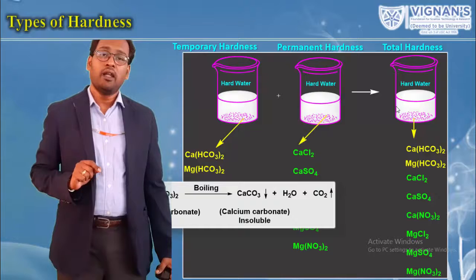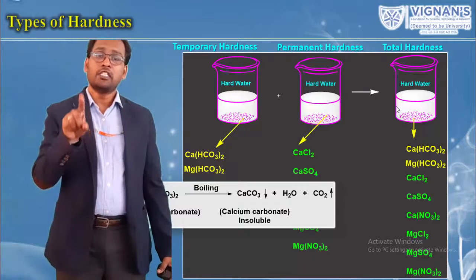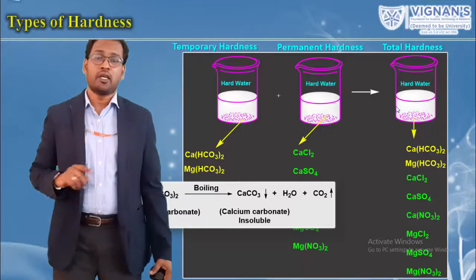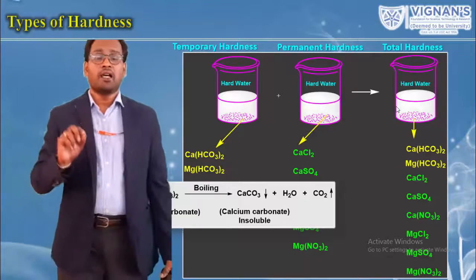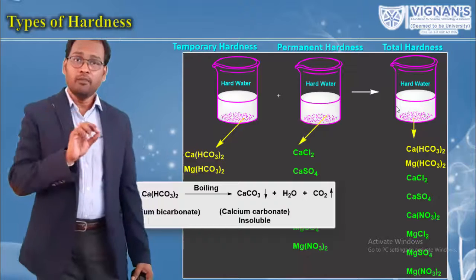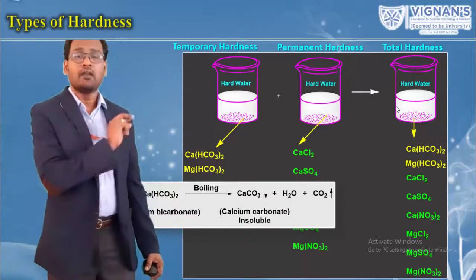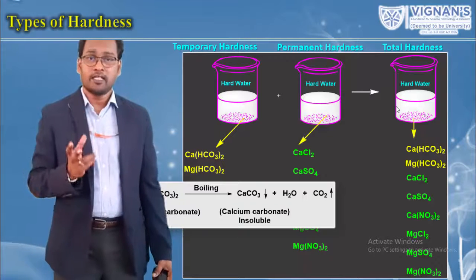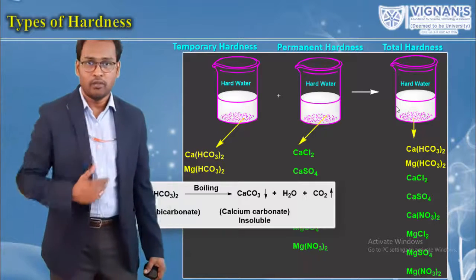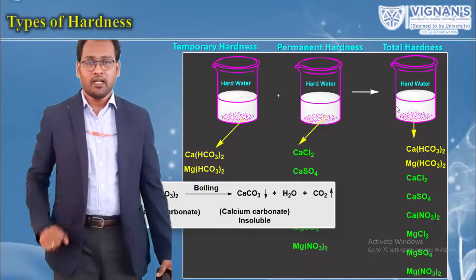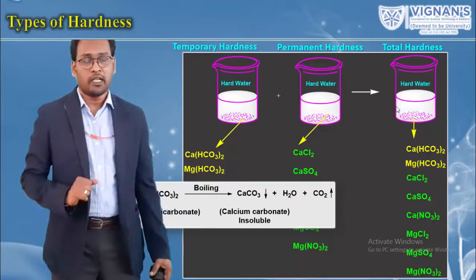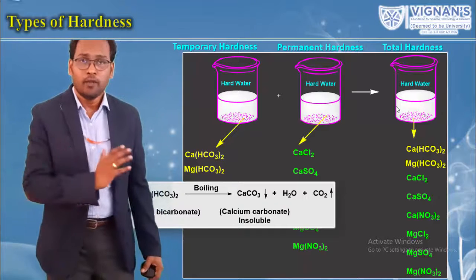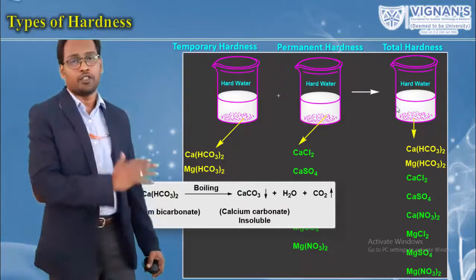What happens when boiling? The heat converts the bicarbonate into a carbonate with release of carbon dioxide. You can see the equation there. Bicarbonate, when you heat it, forms a carbonate plus carbon dioxide and water. This carbonate, as I said, is mostly insoluble in water, so it will precipitate in the sample. Once it precipitates, you can easily remove the salt, and thereby remove the temporary hardness causing salt.